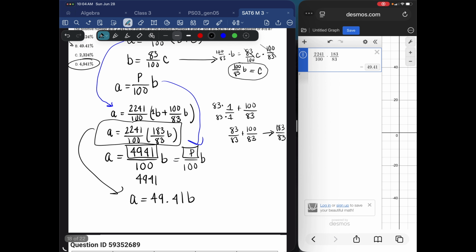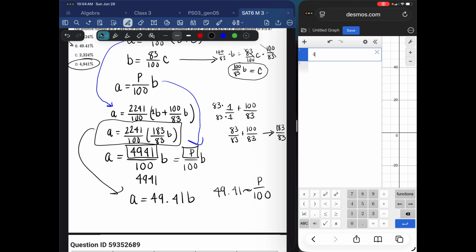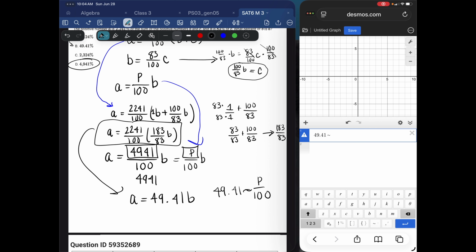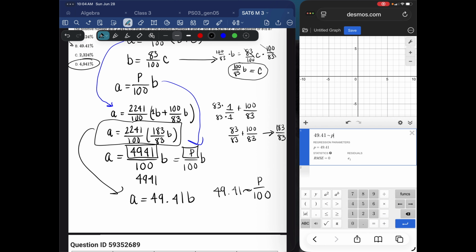Instead, like I did over here for my formula, we would have to set 49.41 equal to P over 100 to figure out what number that is. And then if you solve 49.41 is P over 100, you get that number is 4,941.